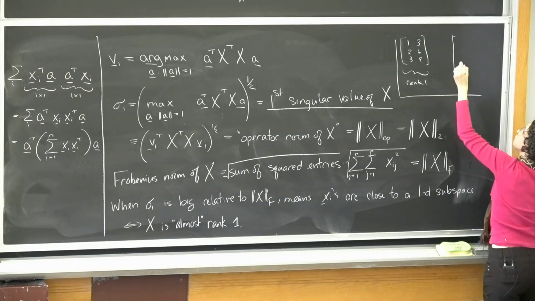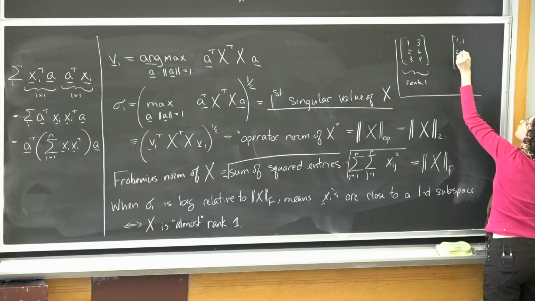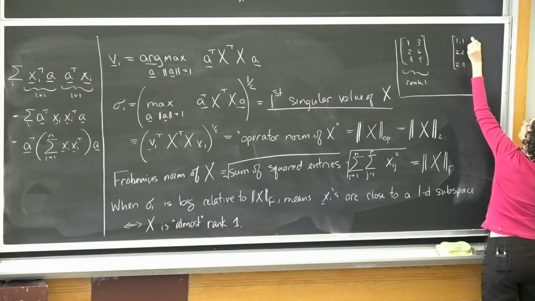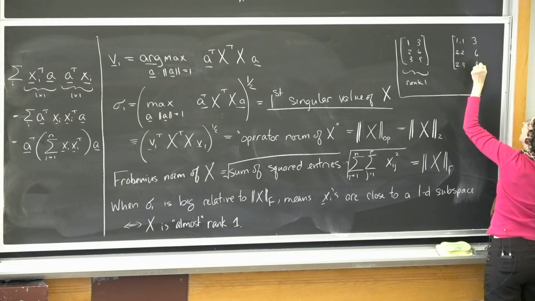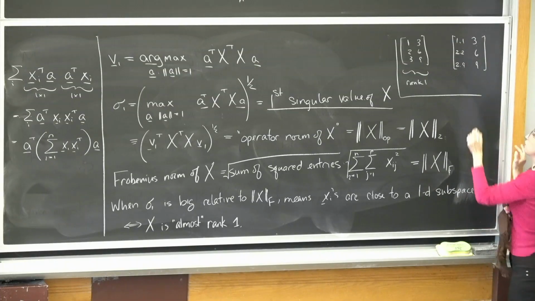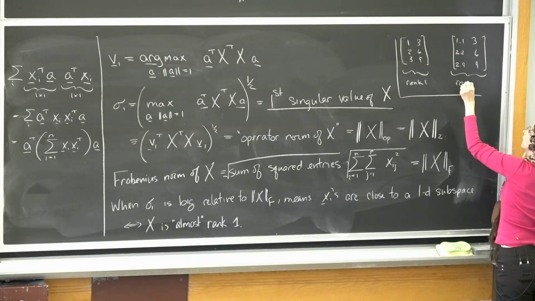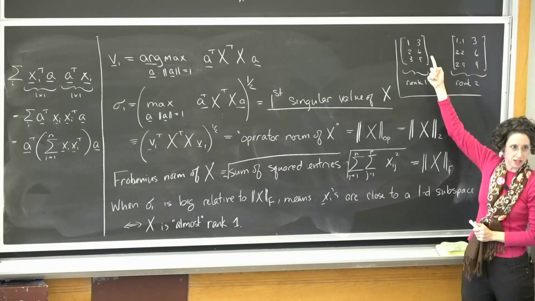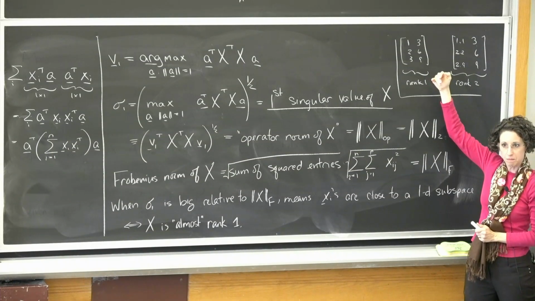Alternatively, I could have a matrix that's like 1.1, 2.2, and then 2.9, and then say 3, 6, 9. This is rank 2. But we can see that it's close to being something that's rank 1, right?